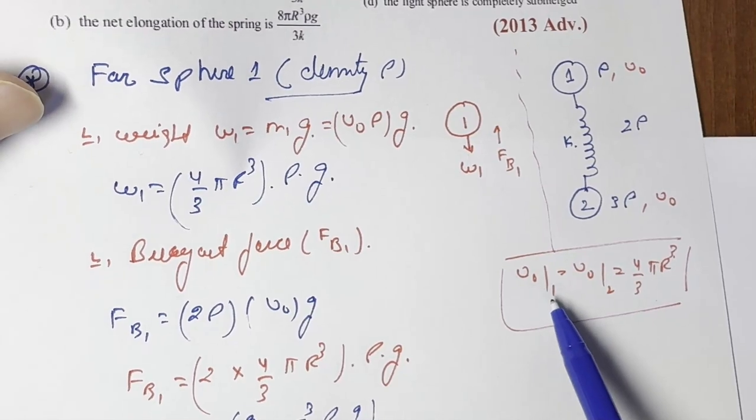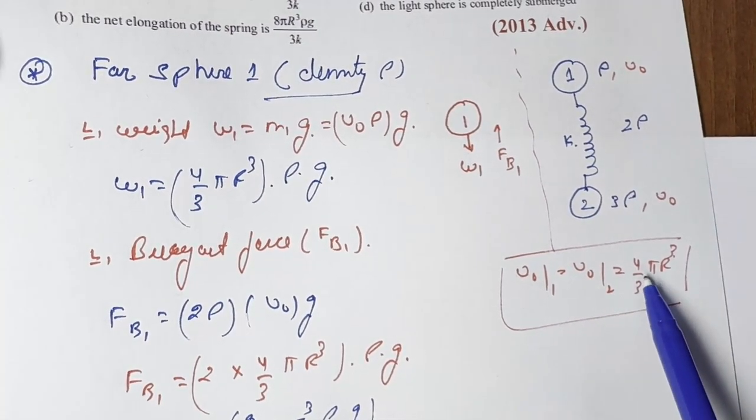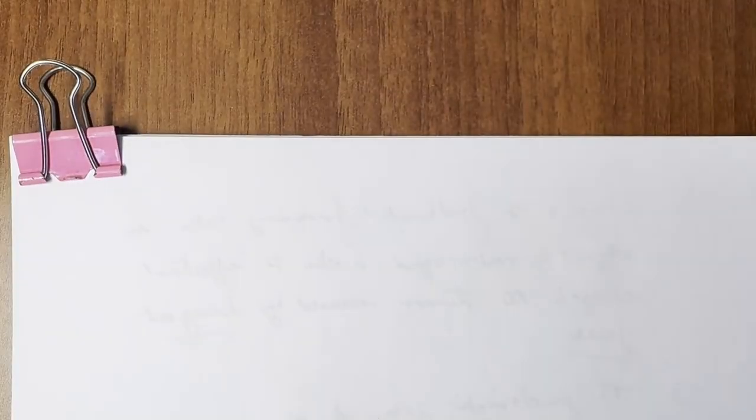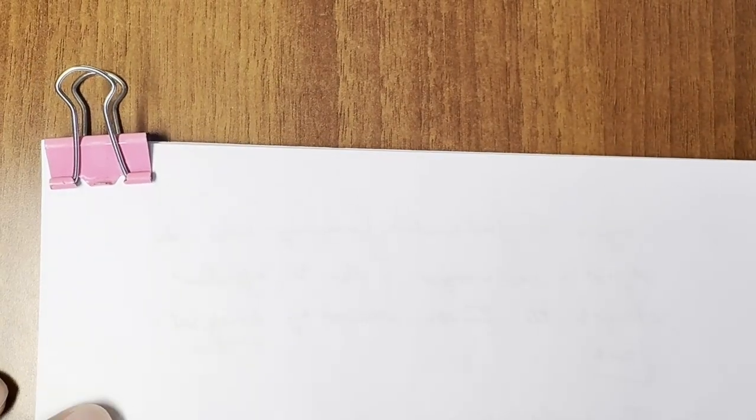We just said that both the spheres have the volume V0, which is equal to 4/3 pi r cube. So let me write it again.